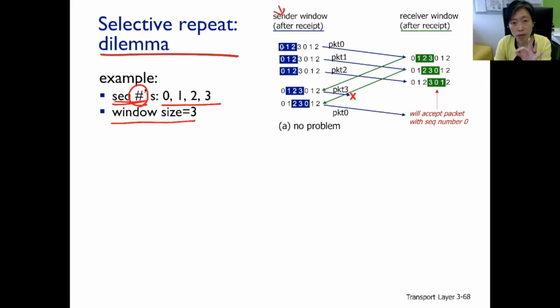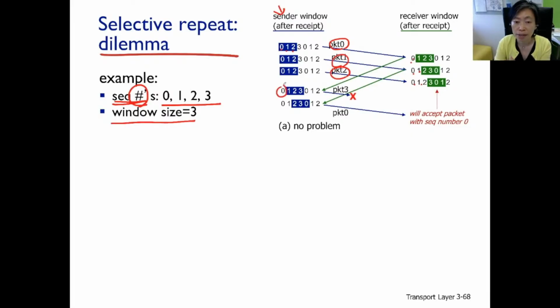Well, the window size is 3, so we can only send 3 packets back to back. So packet 0, packet 1, packet 2 goes out. The receiver receives 0, 1, and 2. They will then send back ACK 0, ACK 1, and ACK 2. ACK 0 arrives back at the sender first.